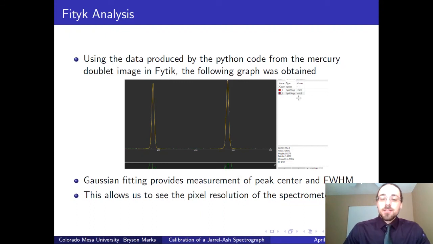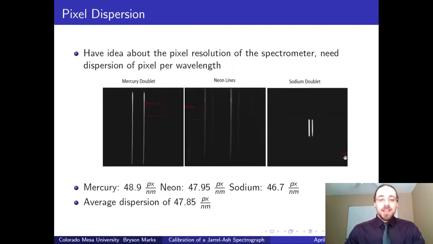If you see at the 492 pixel column location, we have a full width half maximum of 3.8. This lets us know that we have a resolution of 3.8 pixels. Now that we have a pixel resolution of our spectrometer, we need a dispersion of wavelength per pixel, or pixel per wavelength.